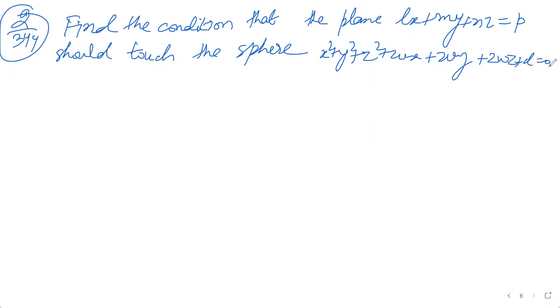We have to find the condition. The condition that this plane will touch the sphere means what? The condition that this plane will be the tangent plane of the sphere. What is its condition? Okay. Is the problem clear? Yes, we have to find a condition, under what condition it will be touching the sphere, not the equation of the tangent plane.